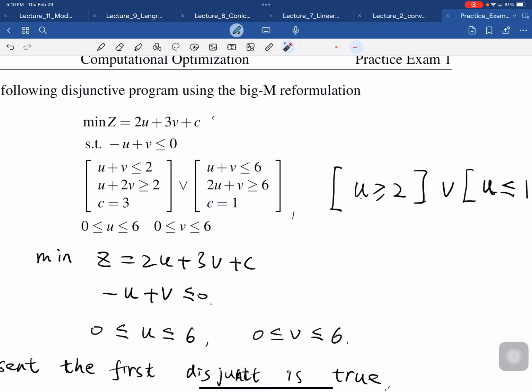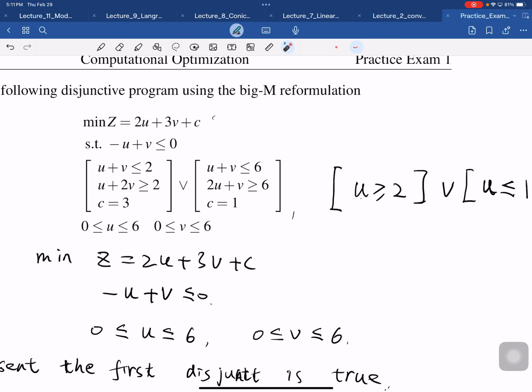So if I say y1 and y2 are the binary variables, you define y1 and y2 for these two disjunctions. Let's use my notation.